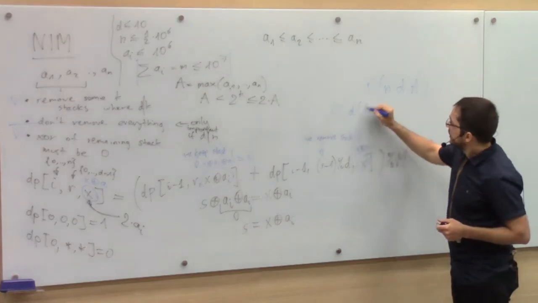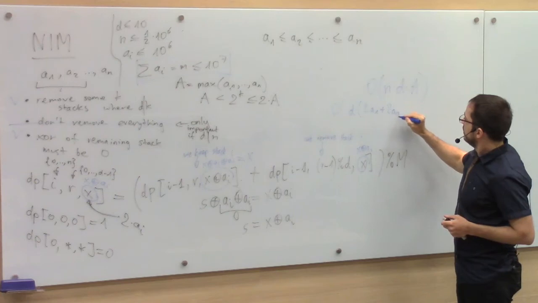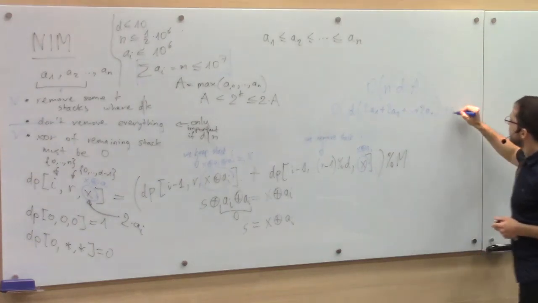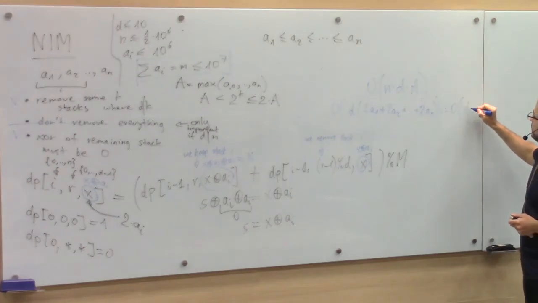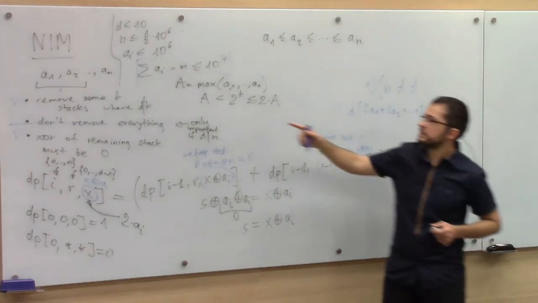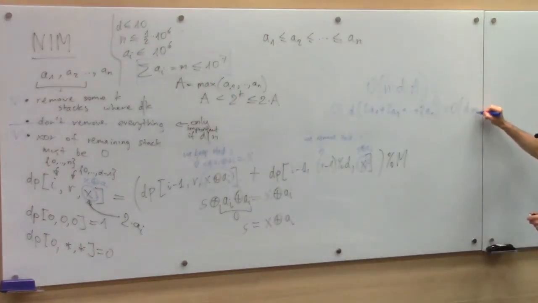So basically it will be the sum of these values. So this is D times the sum of them, and this sum is bounded by M. So this is D times M.